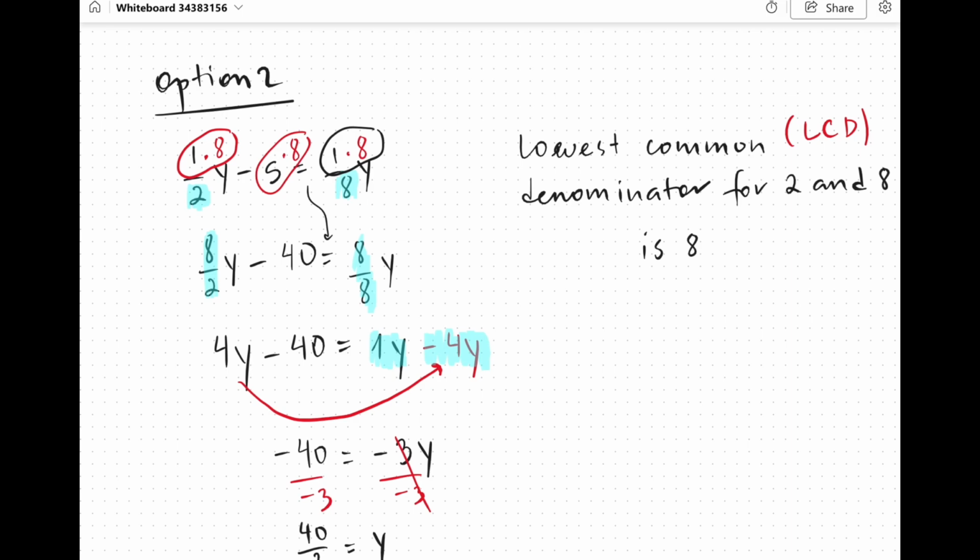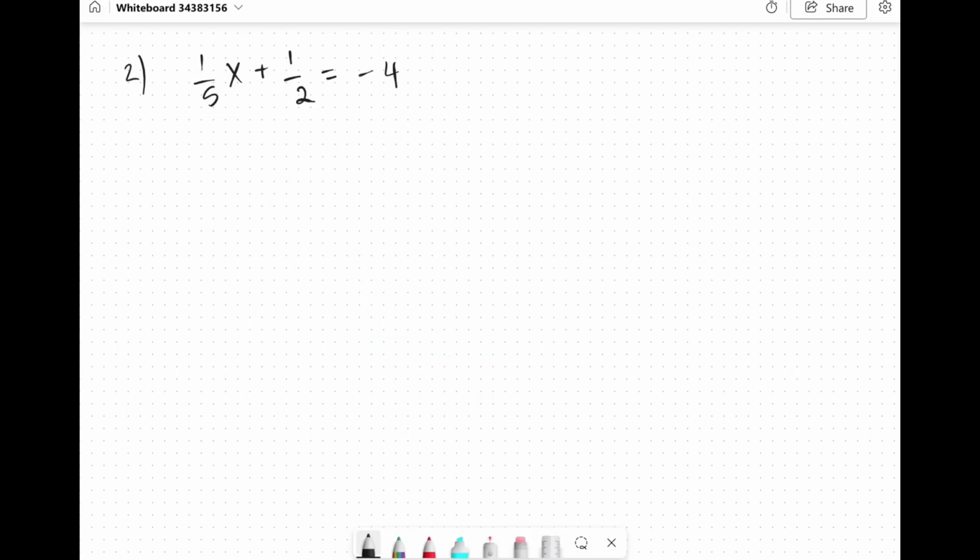So here is the next example, problem number 2. Since I'm going to remove fractions, I need to find the common denominator for 5 and 2. Lowest common denominator for 5 and 2 is 10, because 10 is the smallest number that can be divided by 5 and by 2. And I will multiply every single term, including those that are not fractions, by that 10.